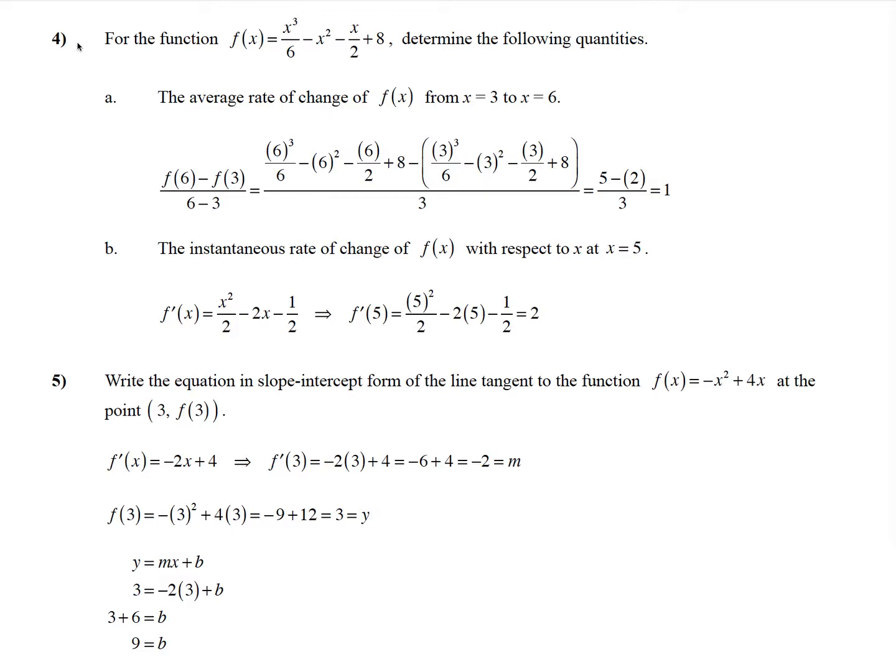This is your question 4. It's question 6 of the second video. The only difference is that you have a +8 here for the constant term, and the function in that video has a +5.